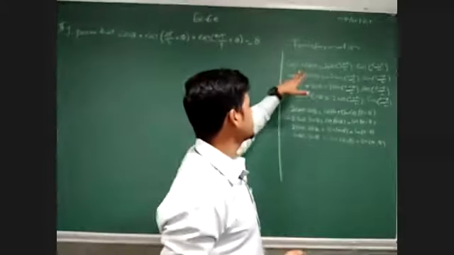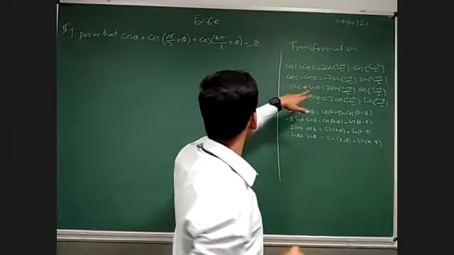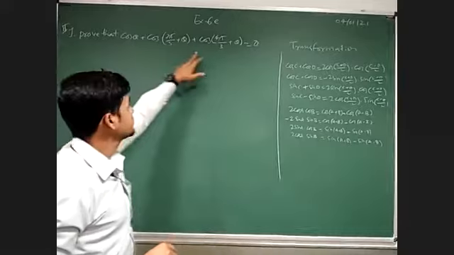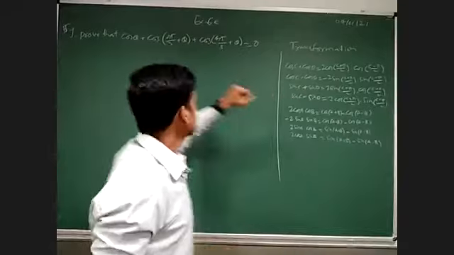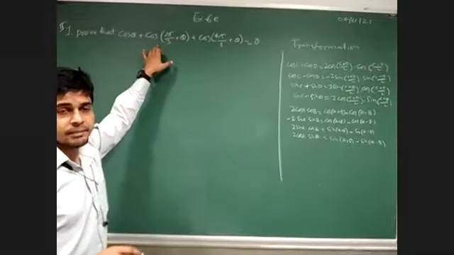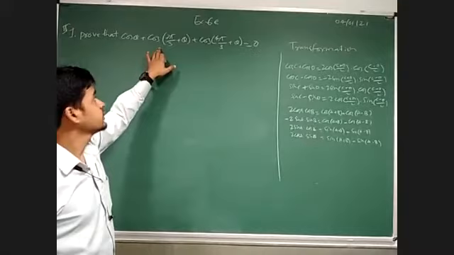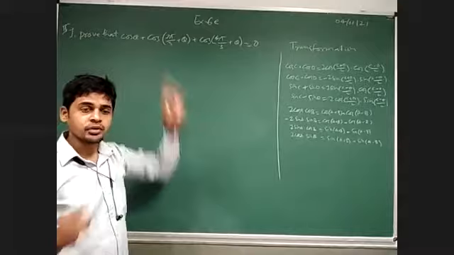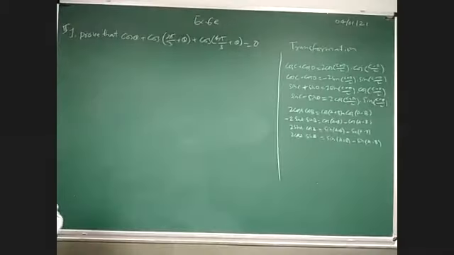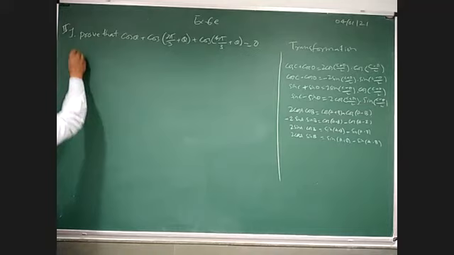The first, we can apply cos C plus cos D, because we have cos something plus cos something. Or here we have the compound angle formula cos (A plus B), so I can use that also. By both of them we are able to solve this problem, so it's up to you which one you want to choose. I'm going to use the compound angle formula, that will be easy for me. Solution.